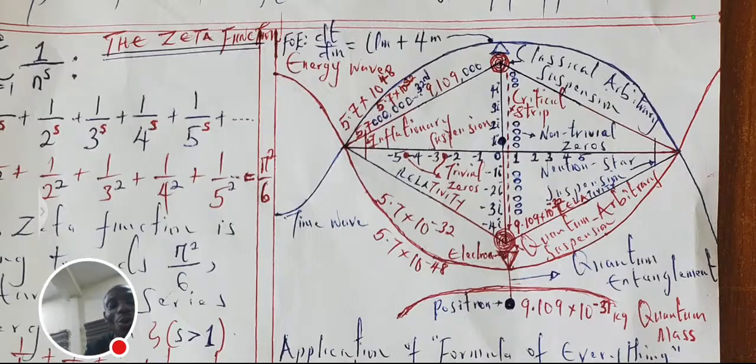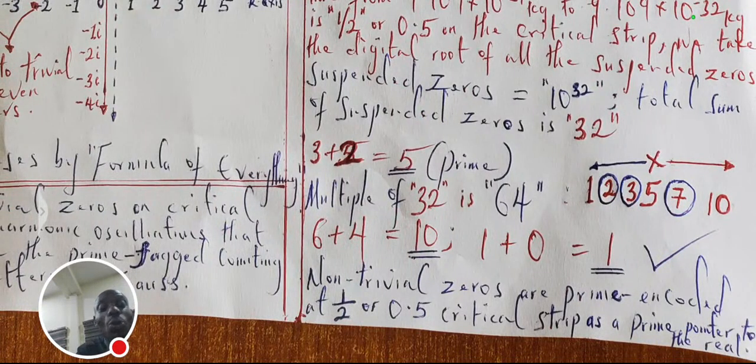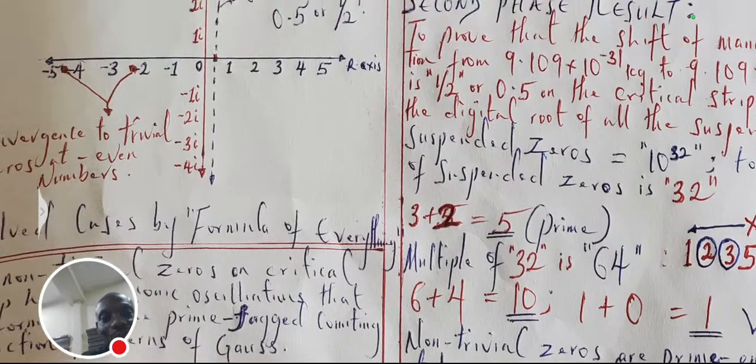By the time we get to know the position of non-trivial zeros, we can then get the real electron by just having double of that value. So by having the double of the value of those non-trivial zeros, which is 64, that 64 will actually take us to the position of the electron.